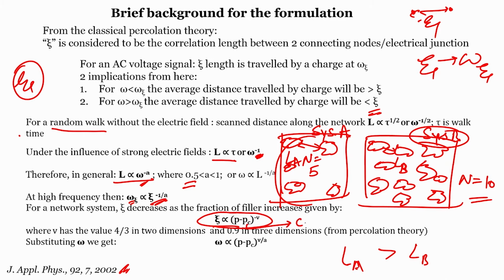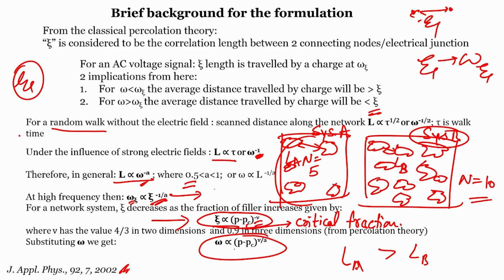PC is the critical fraction which is required to form a continuous percolation network, and V is an exponent. So when we combine this equation and this equation, the relation that we get gives us a correlation between frequency and filler fraction of a percolative structure.